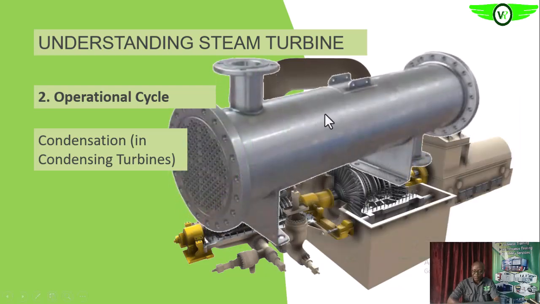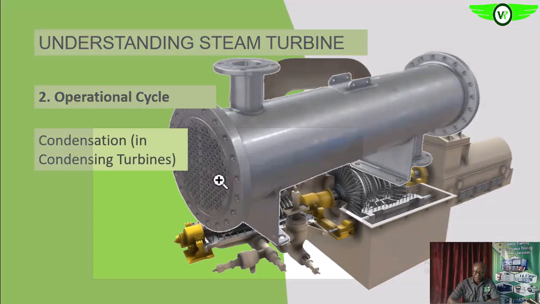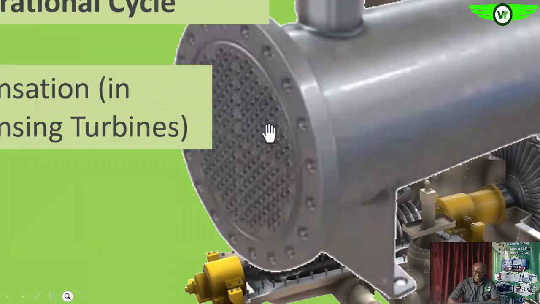Like we said before, the condensers, they are basically heat exchangers, shell and tube heat exchangers, and that is what you are seeing here now, okay. So these are the tubes of the heat exchanger. This is a 4-pass tube heat exchanger, okay. So this is what you are seeing here now.